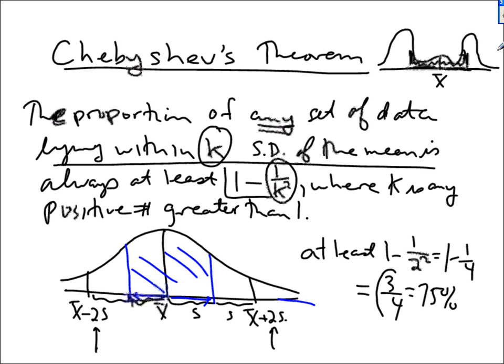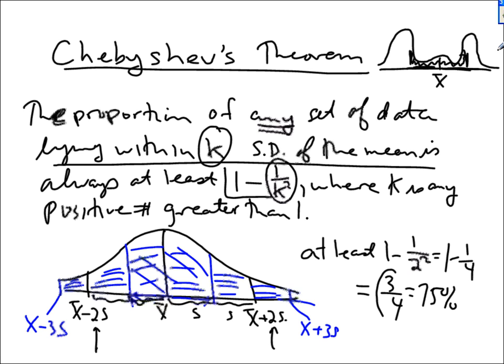Or let's go 3 deviations. 1, 2, a third one to the right, and 1 to the left, a second standard deviation to the left, and a third one. So this is x bar minus 3 standard deviations. This is x bar plus 3 standard deviations. What can you tell me about the scores that lie in there?